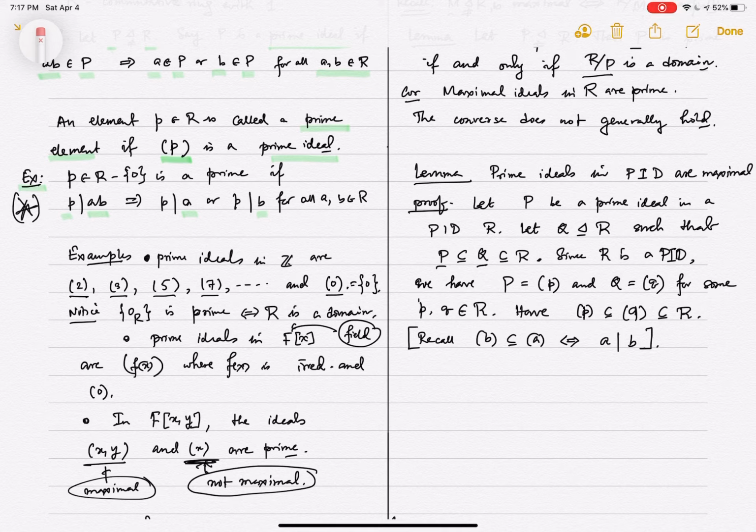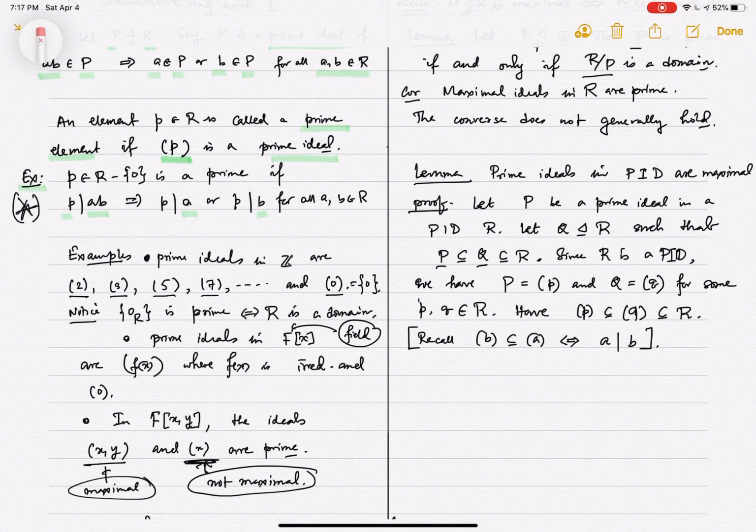Okay, so we have the ideal P is a subset of the ideal Q in R. And I want to show that the ideal in the middle is one of the two on the two ends.